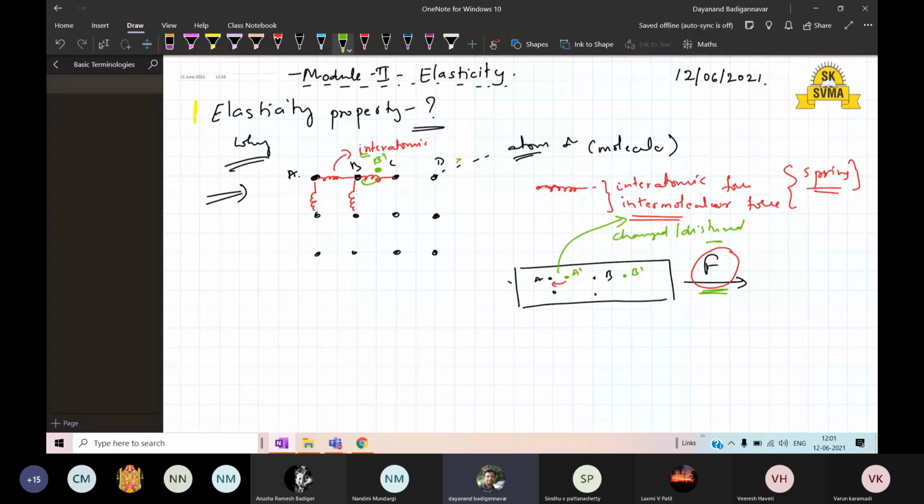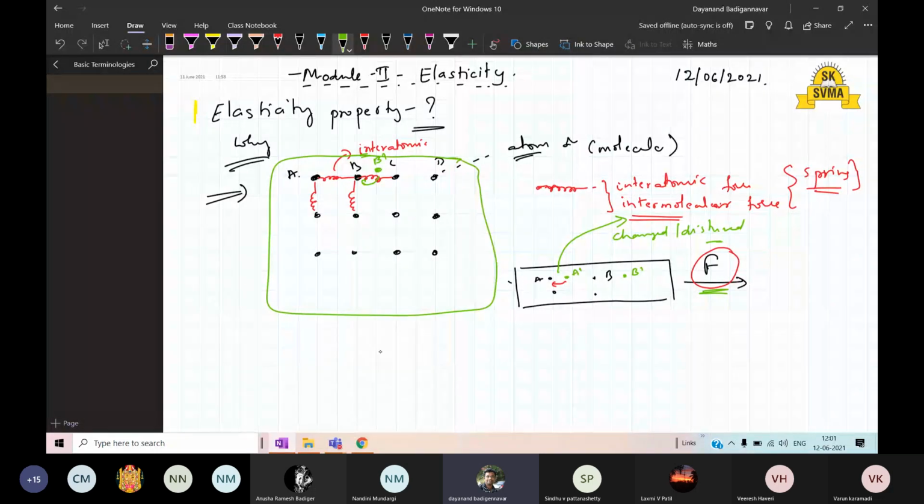Likewise, for all the atoms that are present, there is an interatomic or intermolecular force. When they combine together, these intermolecular forces result in a restoring force.